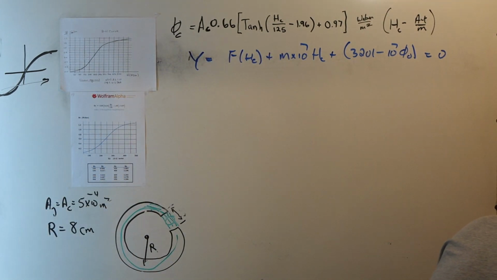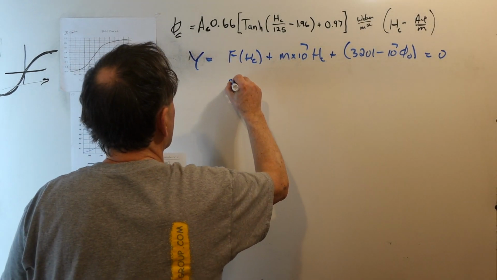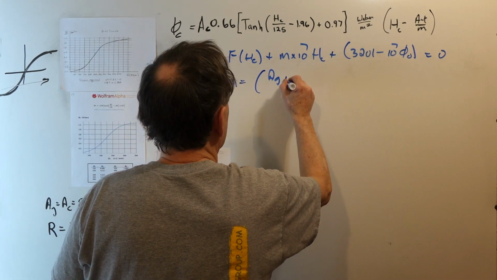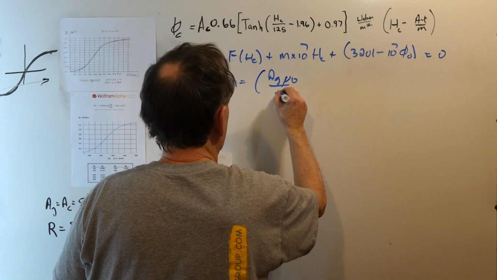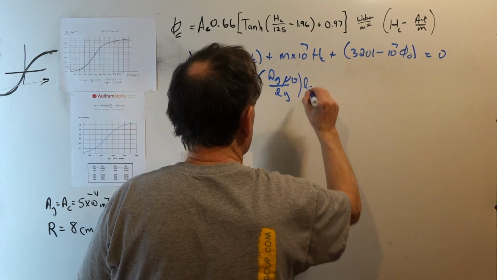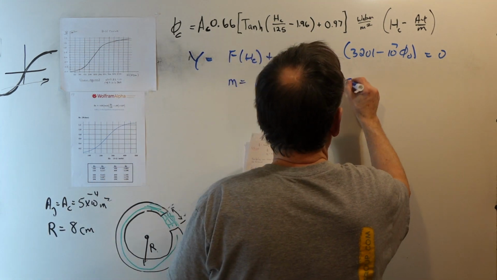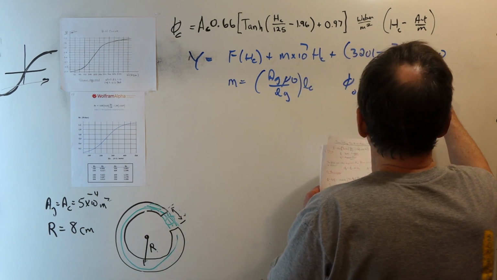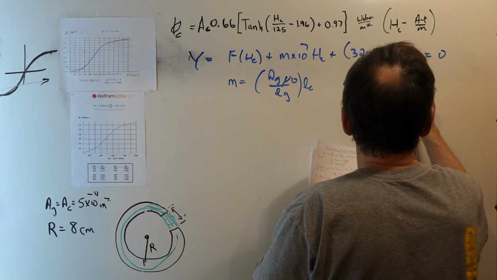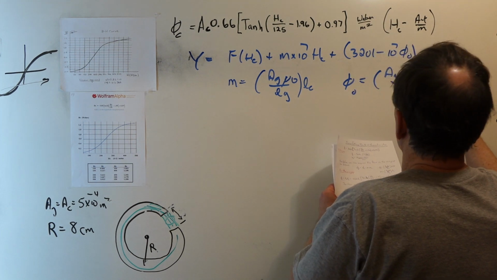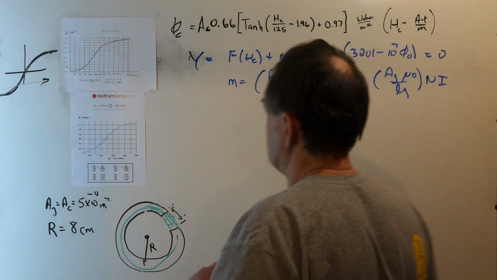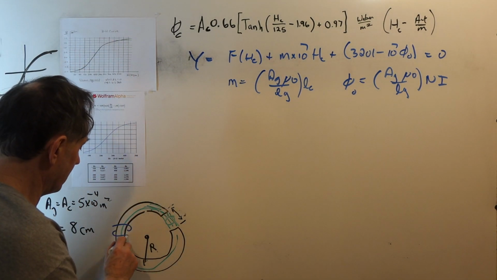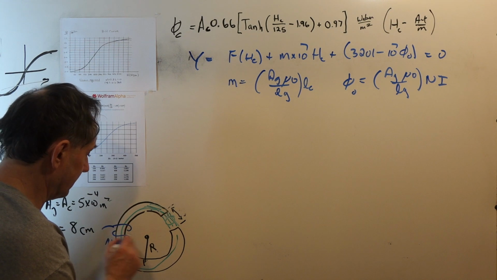Again, the m value is the gap area times mu 0 over the length of the gap times the length of the core, and our phi 0 is the gap area times mu 0 over the length of the gap times the ampere-turns, the magnetomotive force that drives this coil, or drives this circuit.